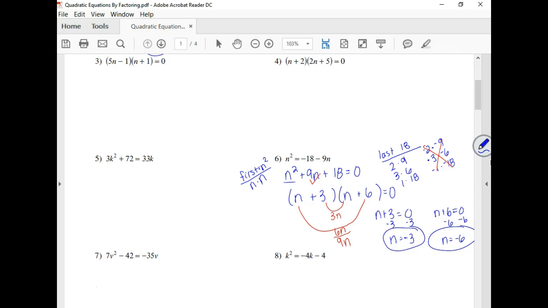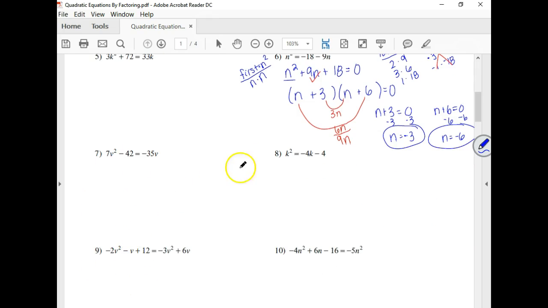Now these problems can be a little bit more difficult whenever you have coefficients in front of your y squared or x squared or whatever, v squared here in this problem. So if we look at number 7, the first thing we always want to do is move everything to one side.